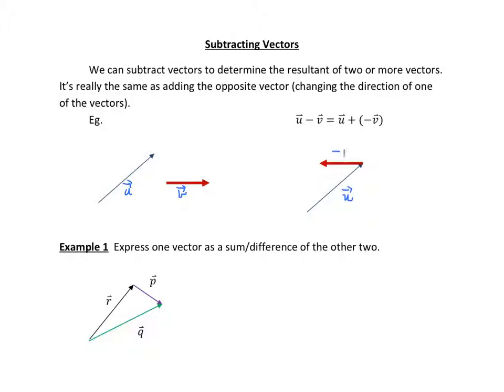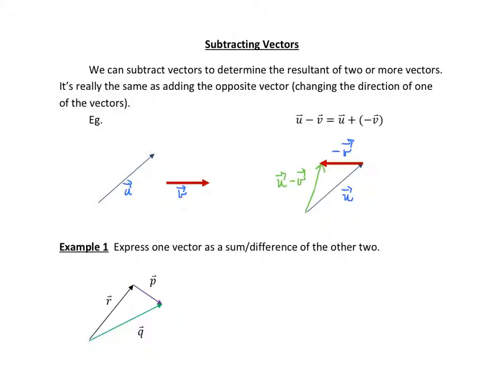This would be negative v, since it's running in the opposite direction. Then we find the resultant vector by adding those two together, which would be right here. So this one would be vector u minus v.